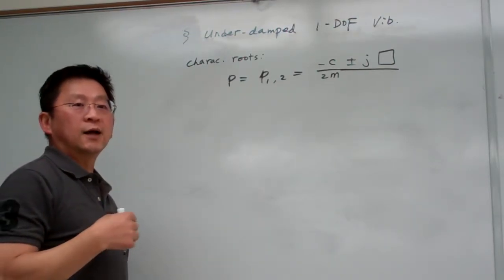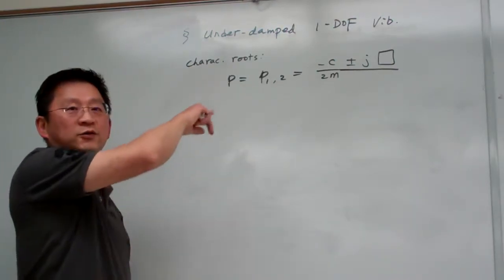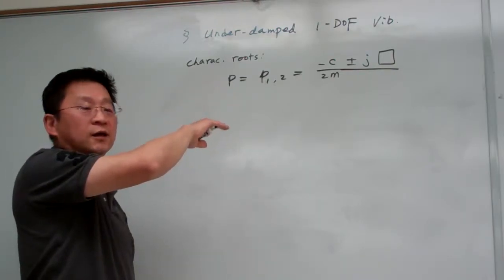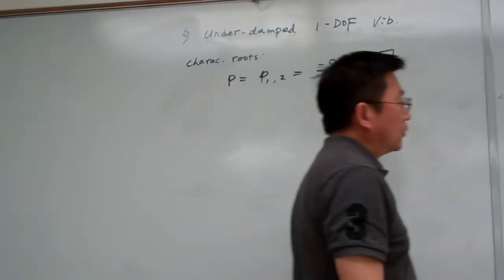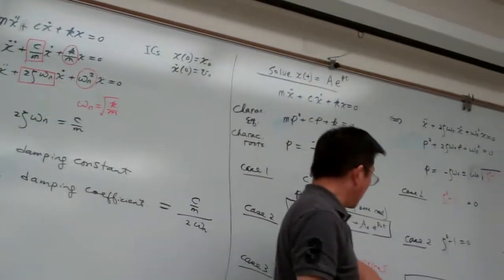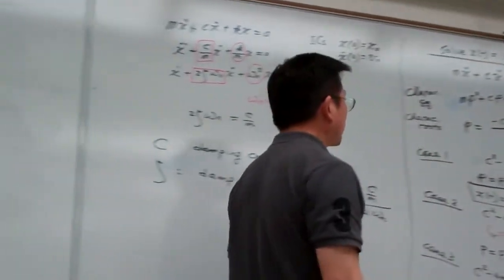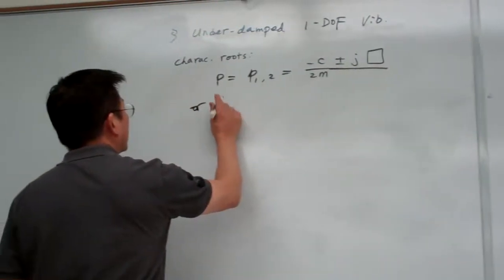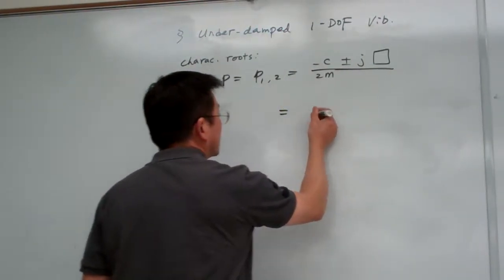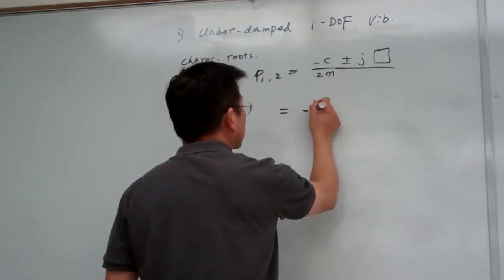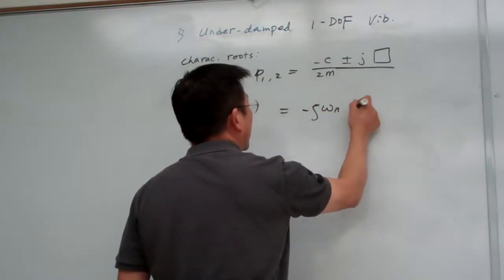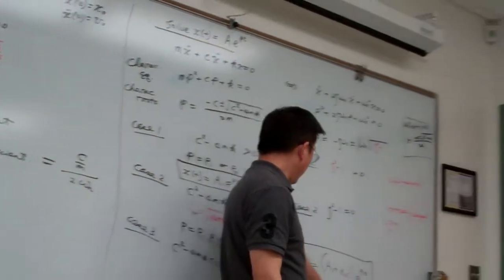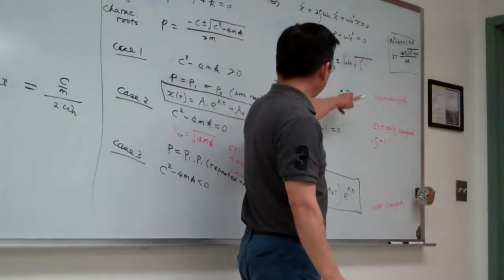And to not make things complicated, let me use the black box, and everyone knows what I'm doing. Otherwise, if we pick these items here, using this template we can express it as minus zeta omega n plus or minus, square root of zeta squared minus 1, which is negative.